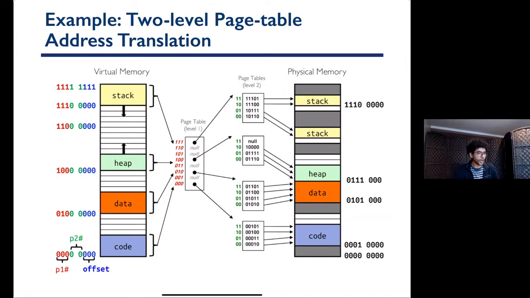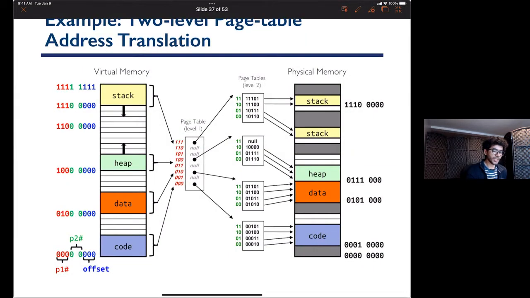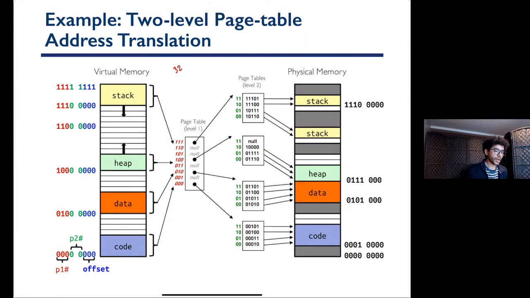Here is an example. This is the same example as we saw initially in today's lecture. Now, as you can see, I have reduced the number of entries. Initially, in the previous design, I had 32 page table entries. Now with this design, my page table level 1 has 8 entries, and I'm only using 4 of them. So 4 are not pointing to anything, so I don't need to store anything for those.